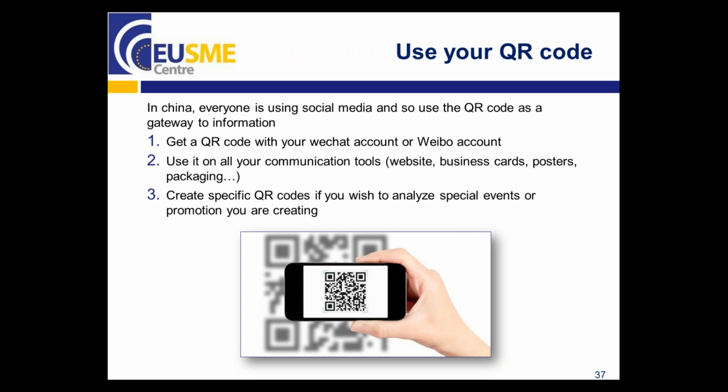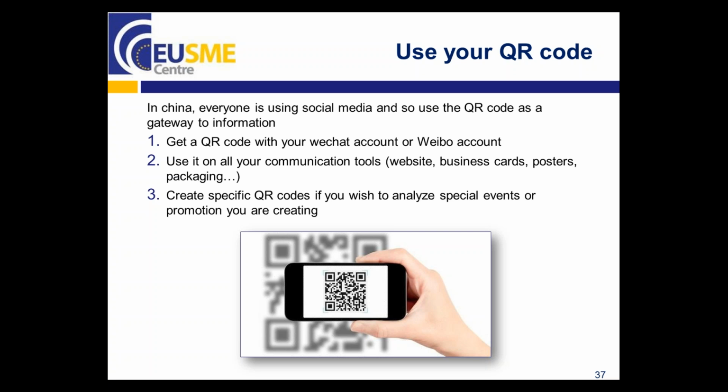This QR code is extremely important to get and to use everywhere. And when I say everywhere, I even say like on your business cards, you just put it everywhere. And this is your gateway to information. It's the gateway to connecting with people. So this QR code is not an option. It's actually really mandatory in China.